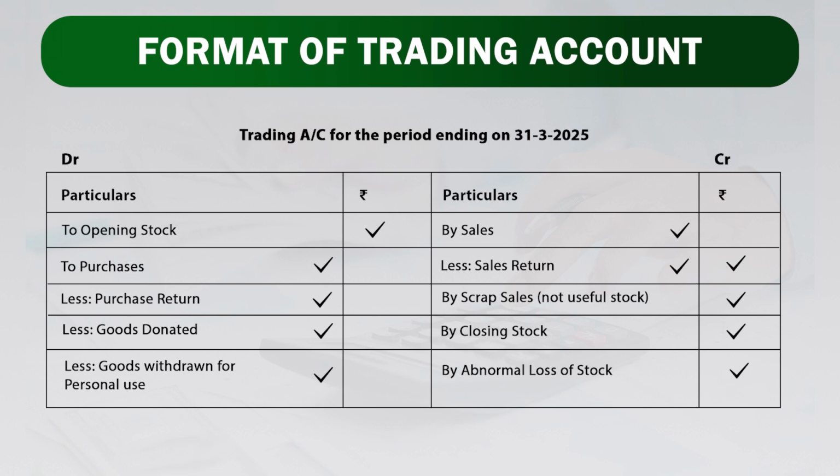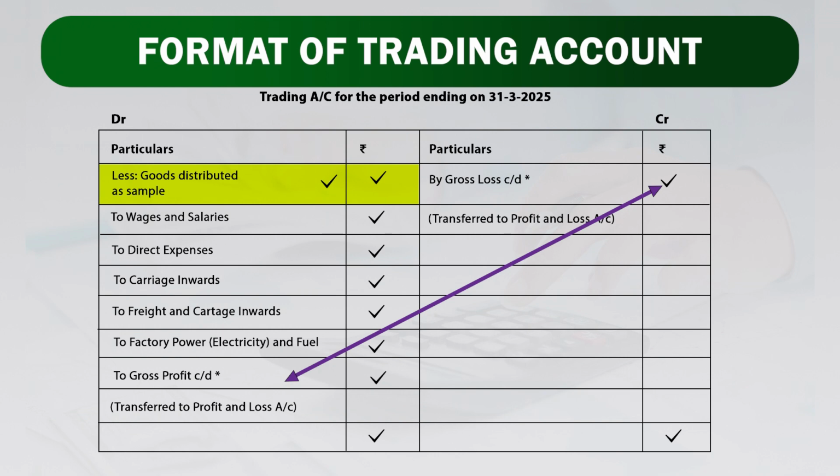Purchase return can be in different forms. Purchase return can be due to defective goods or goods not as per sample, and other ways of outward movement of goods are goods donated, goods withdrawn for personal use, and goods distributed as sample. Now see friends, these three items are goods outwards other than purchase return.